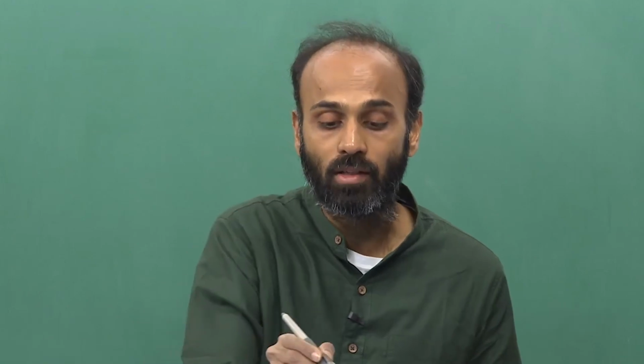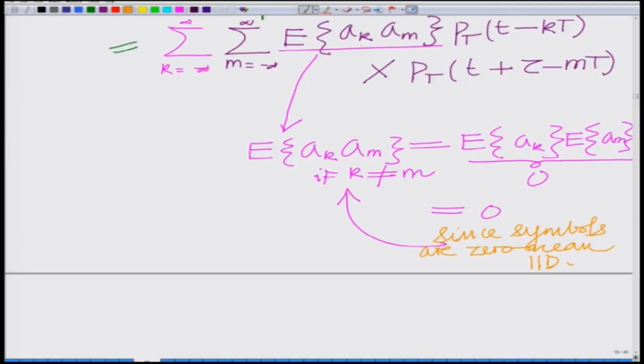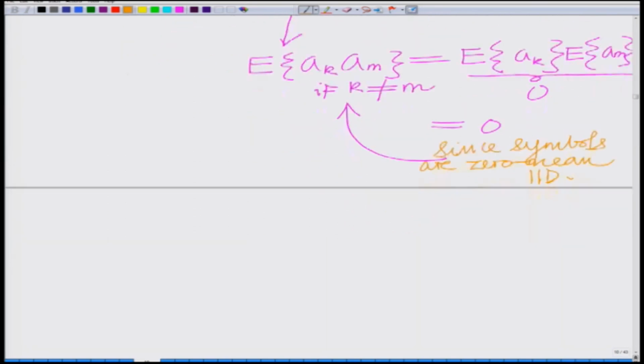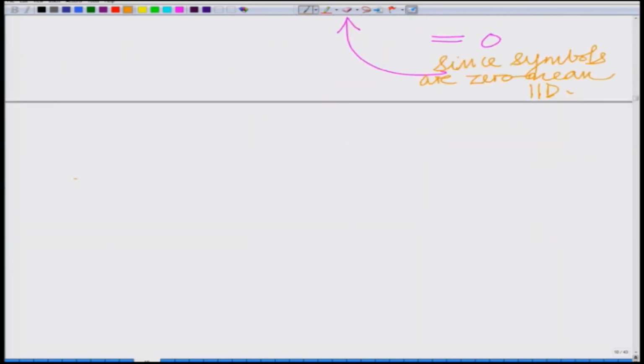So, only those terms will survive in this summation in which k is equal to m. All the other terms will vanish because expected value of a_k times a_m is 0. Okay. So, therefore, the summation equivalently reduces to summation k equal to minus infinity to infinity, because only terms corresponding to k equal to m will survive.